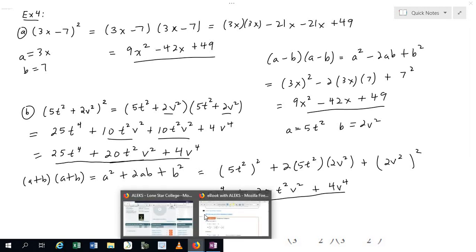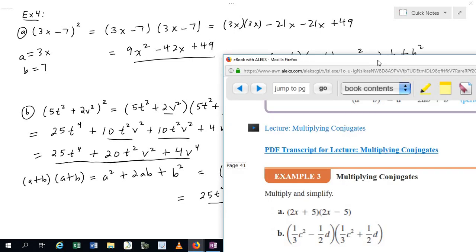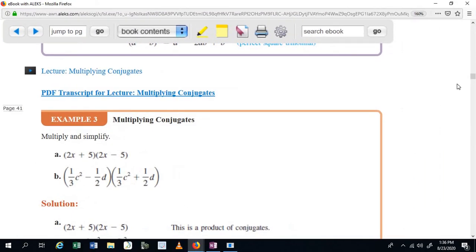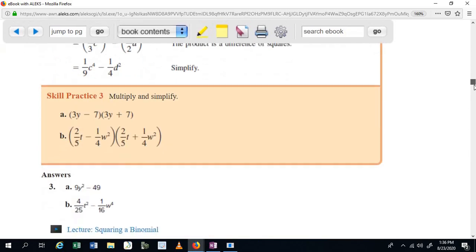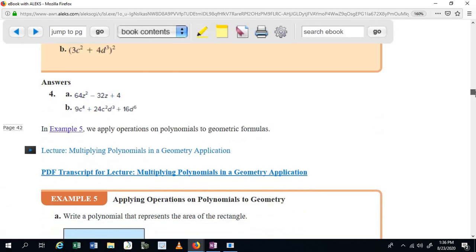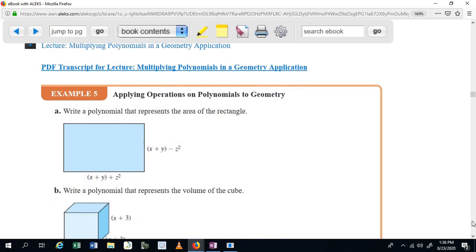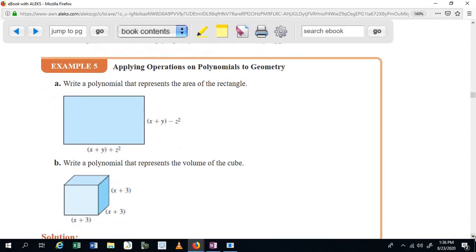So the last thing I want to look at is some applications of this. When might we get some of these special cases in the real world? A lot of times you get these special cases when you have something like this, where we're trying to write a polynomial that represents the area of this rectangle.